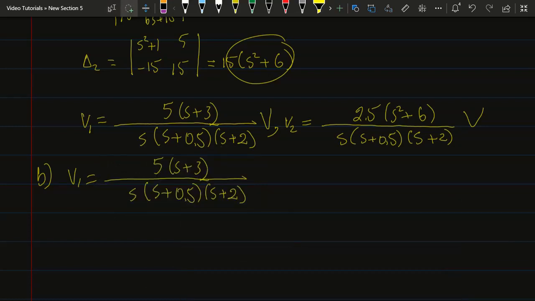This is going to be equal to A over S plus B over S plus 0.5 plus C over S plus 2.